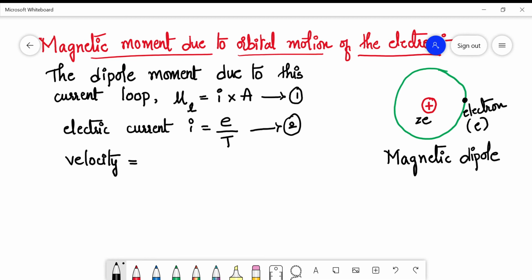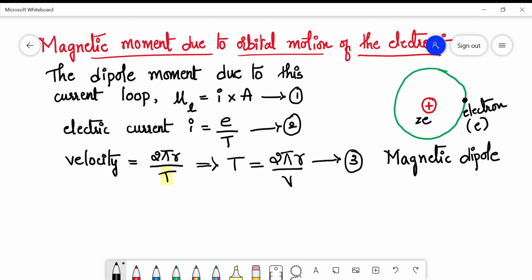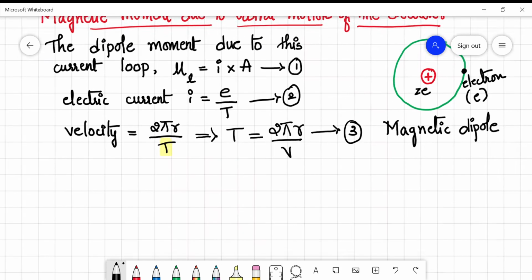So distance covered is 2 pi r, divided by the time taken to complete one revolution, capital T. So V is equal to 2 pi r divided by T. From this, I can write T as 2 pi r divided by V. This will be equation number 3.